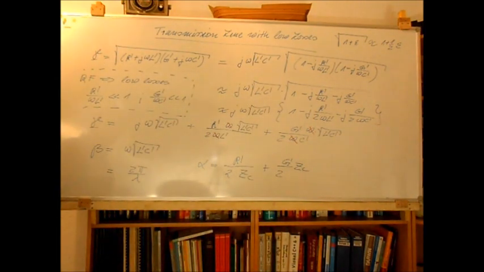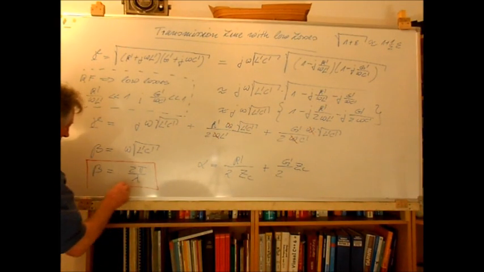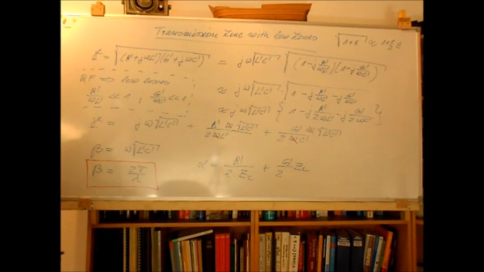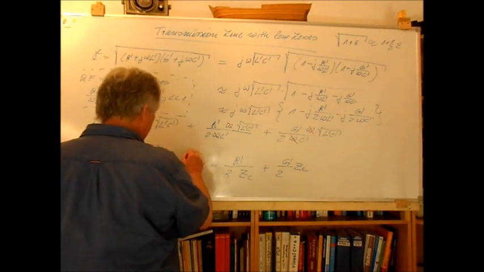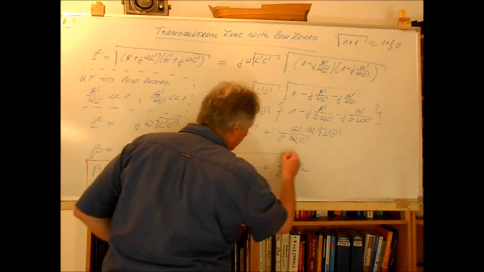We see here that we have two terms now. Beta will be given always by this equation, also for a transmission line with low losses. This means the phase propagation is equal to the lossless transmission line, but what we will get is a damping coefficient.